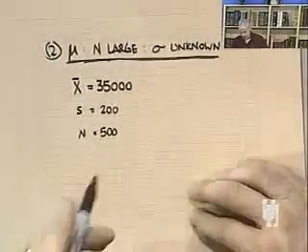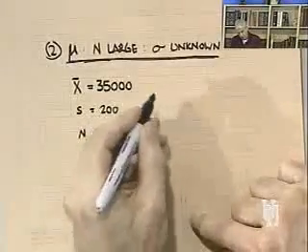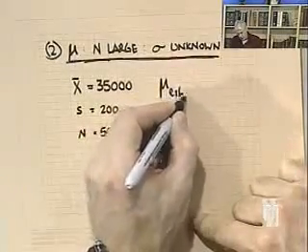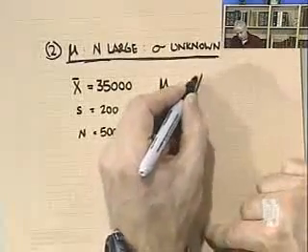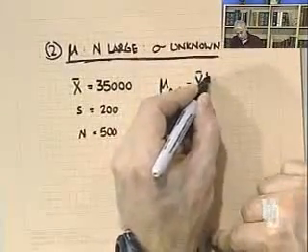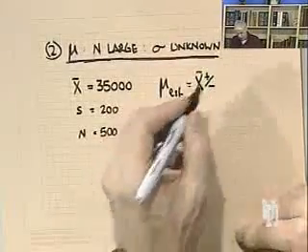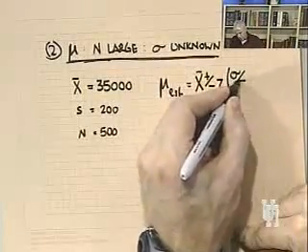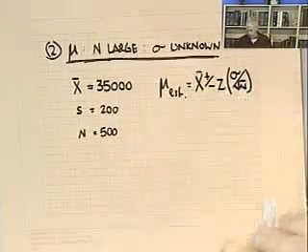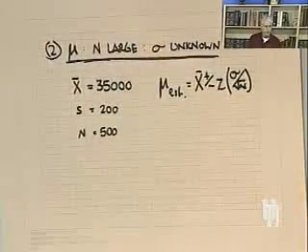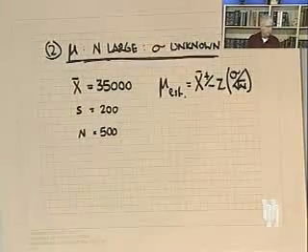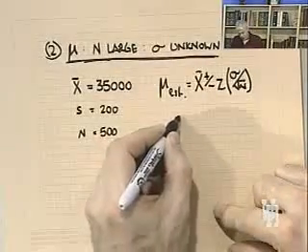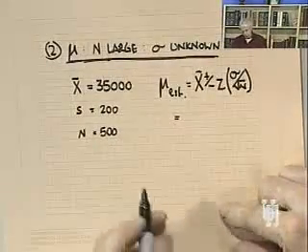We determined last time that the formula for estimating mu was X bar plus and minus some z-score multiplied by sigma over the square root of n, where that z-score was a function of the confidence level. Let's just try applying this. That equals X bar.